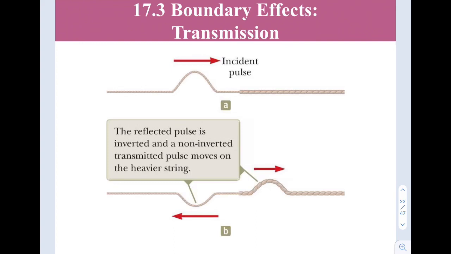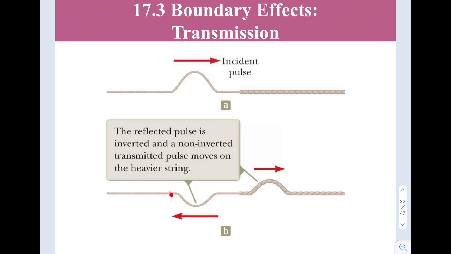For instance, suppose a light string is attached to a heavier string. This is the light string, this is the heavier string, as in this figure. When a pulse traveling on the light string reaches the boundary between the two strings, part of the pulse will be reflected back and inverted, and part will be transmitted to the heavier string.